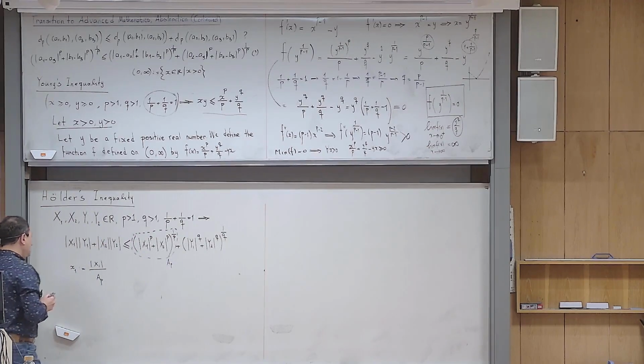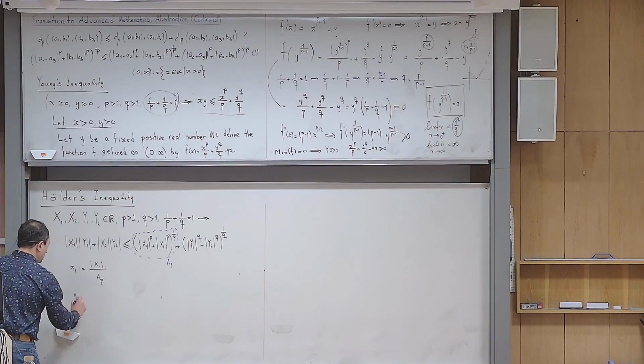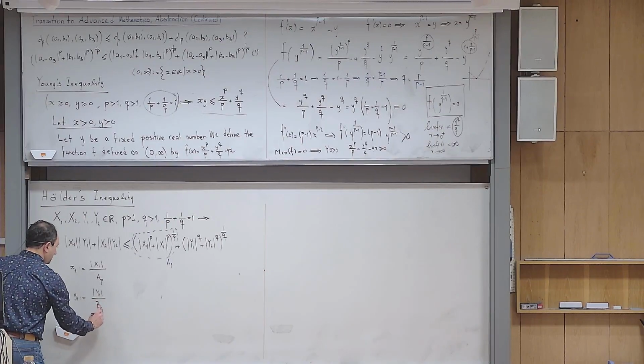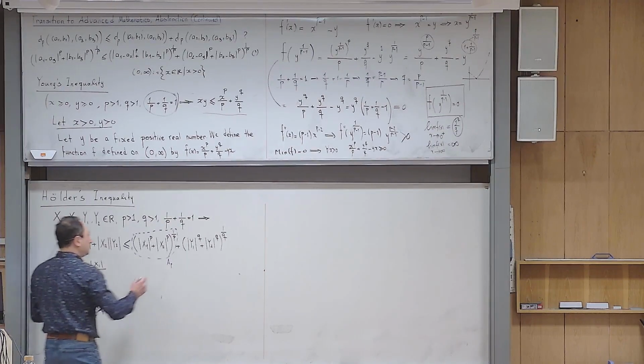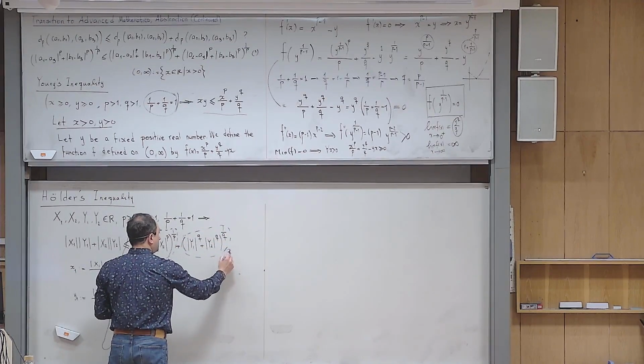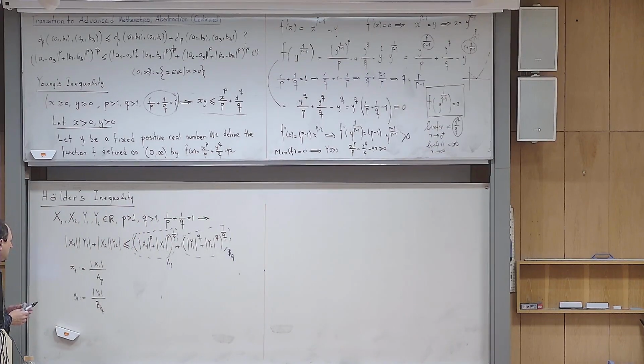And then I introduce another variable, so let me call it y1. I define it to be the absolute value of capital Y1 divided by b sub q. And what is b sub q? For simplicity of writing, I'm assuming that this is b sub q. Yes? Okay. Now let us see, can I use the Young's inequality for these variables?